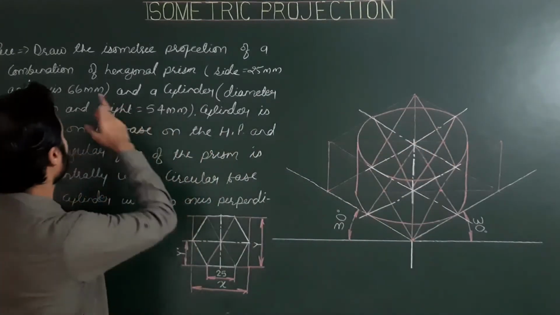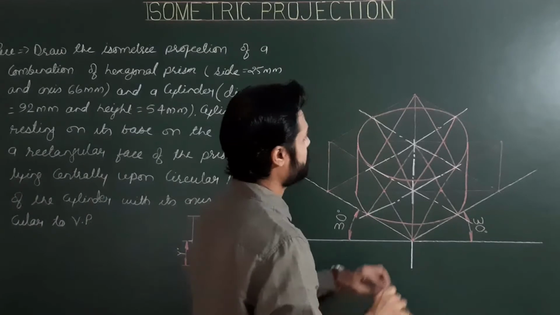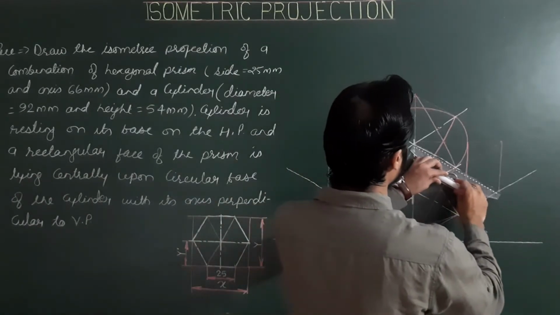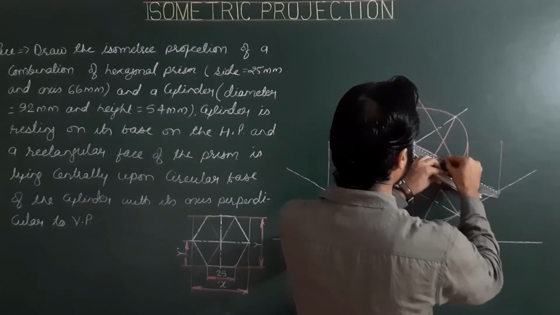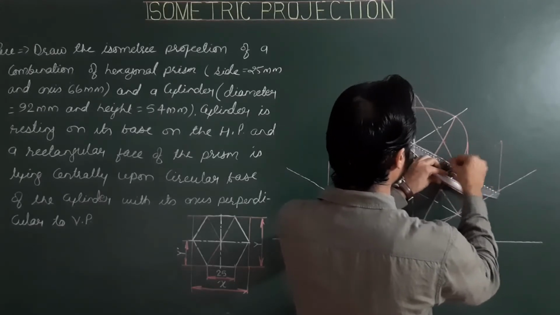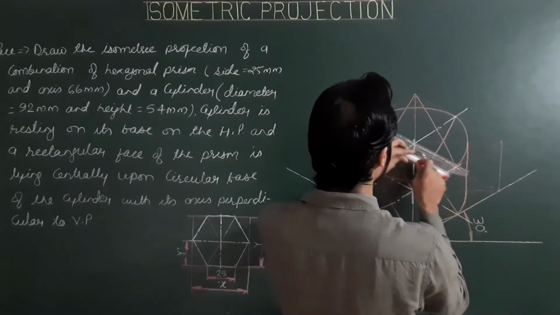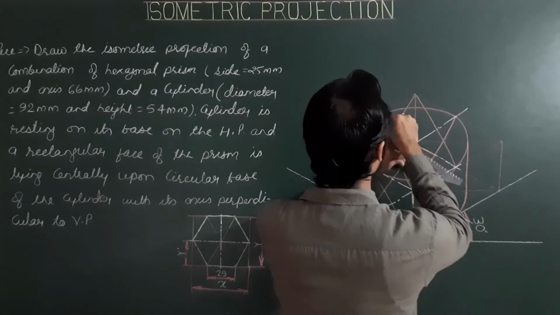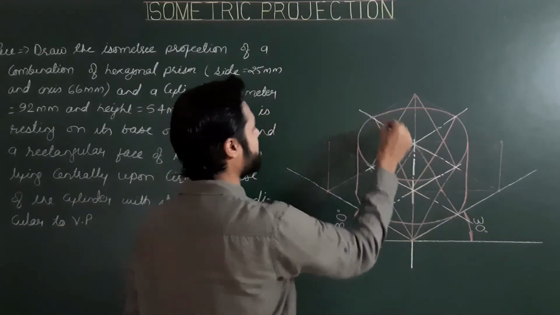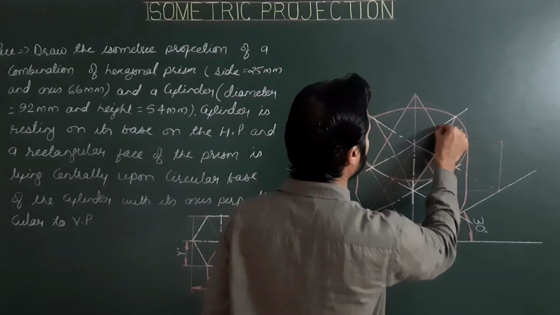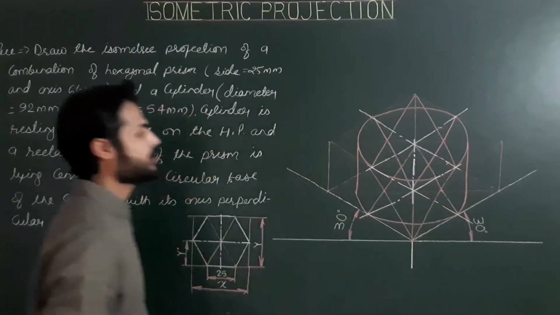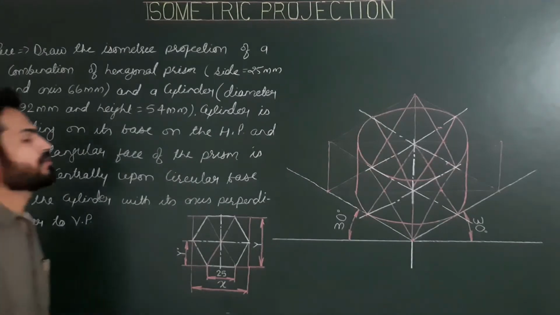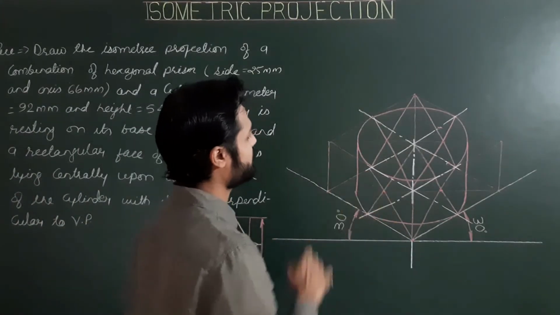So marking limits, half of x here, half of x, and for the axial length of 66, here we have to mark half of 66, which is 33 and 33. Now we have all four corners of the base, or of the helping face of the cuboid.